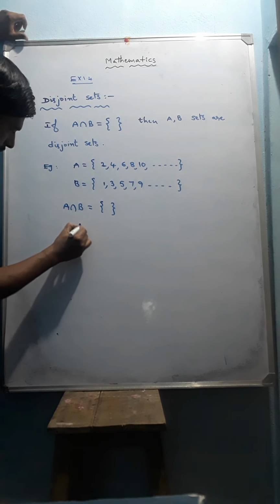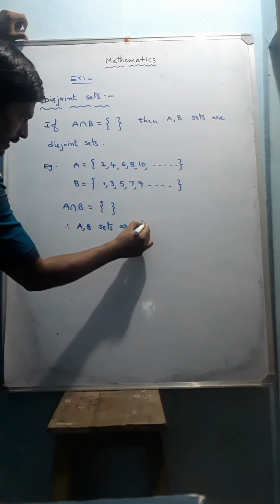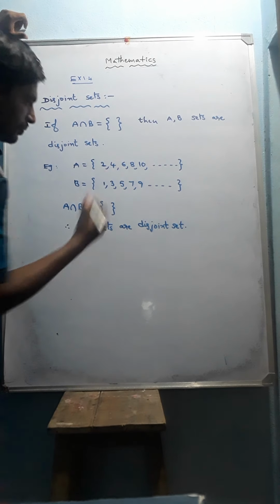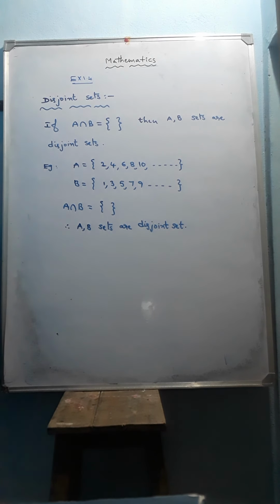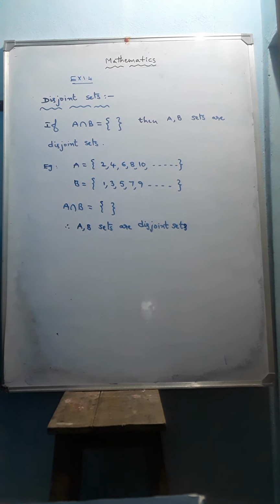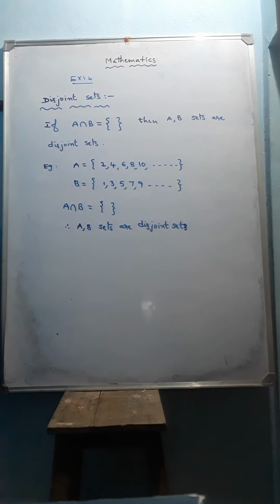Therefore A comma B sets are disjoint sets. So what is the meaning of disjoint sets? Disjoint sets means if A intersection B is equal to phi, null set, that means there is no common element in given sets, then those sets are called disjoint sets. Okay. Now we can discuss problem number 8.